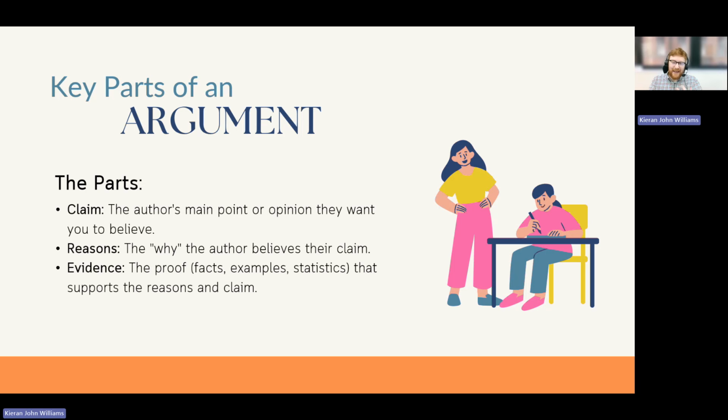And finally, the evidence is the proof that supports those reasons. This could be facts, statistics, examples, or even expert opinions. If one of these parts is missing, the argument becomes weaker. So recognizing all three helps us judge how convincing it really is.